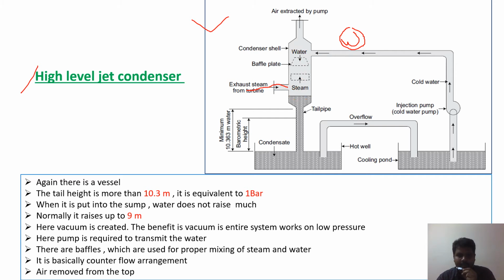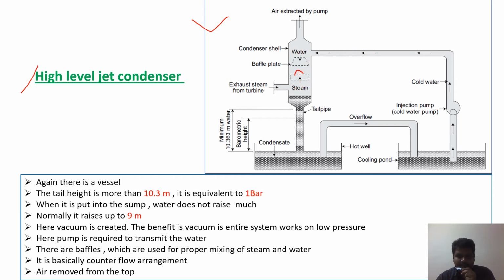Again I am repeating, steam from the bottom enters the vessel and moves upward. Water from the top enters the vessel and moves downwards. So both are moving in opposite directions. So it is actually a counter flow type.